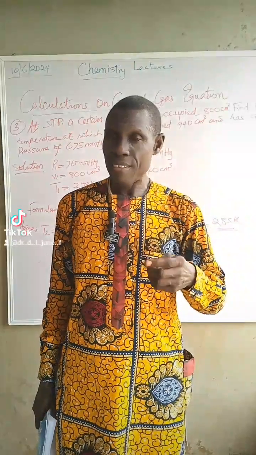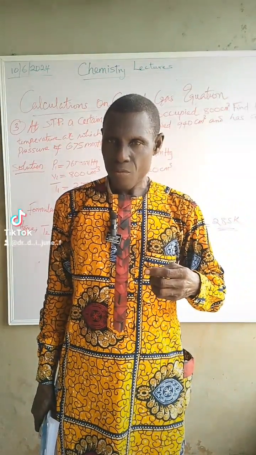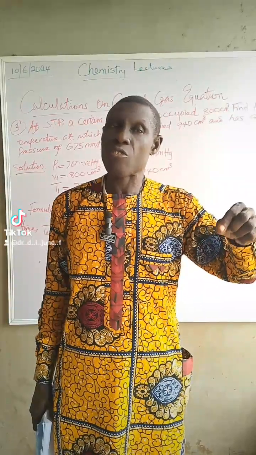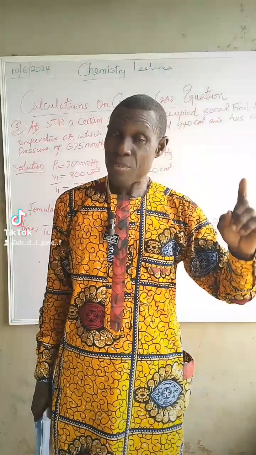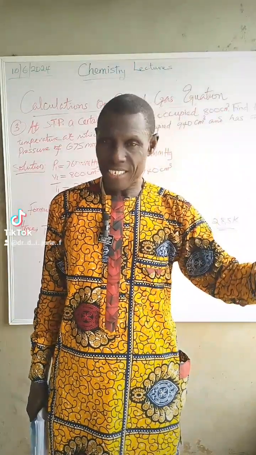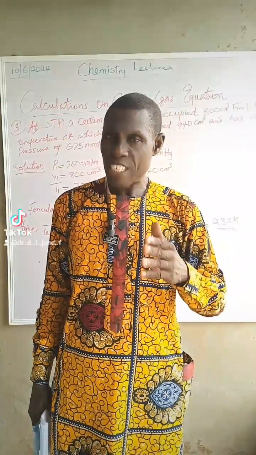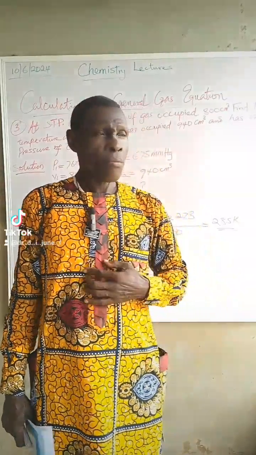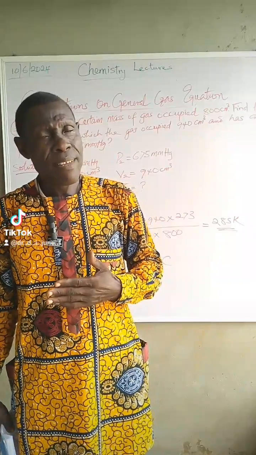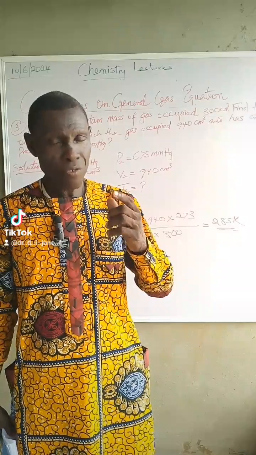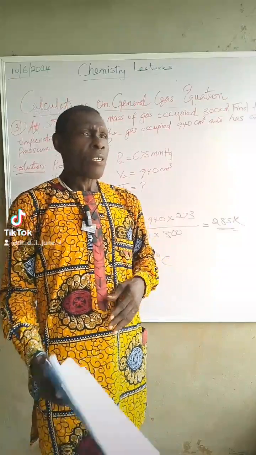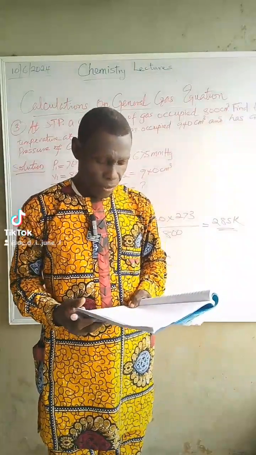You have to determine it yourself. Why? Because at STP, the values are constant. So as a student, at STP, you know that this value is this. That's what the examiner wants you to know, just like the atomic masses of elements from hydrogen to calcium, which you are expected to know off by heart.